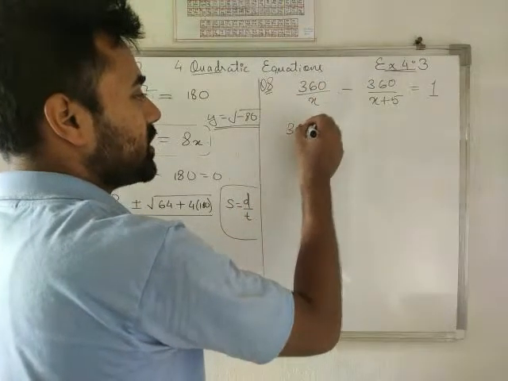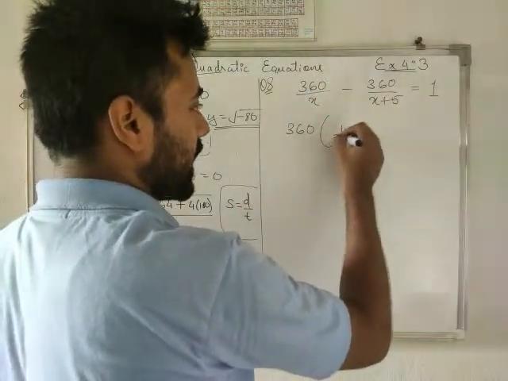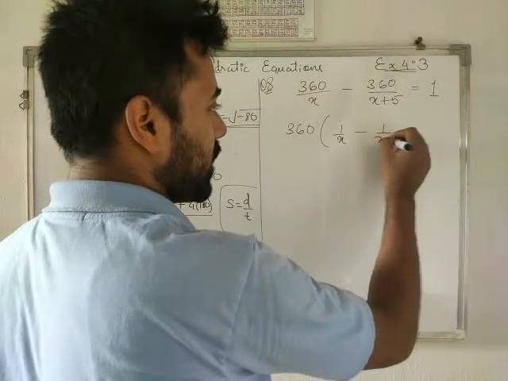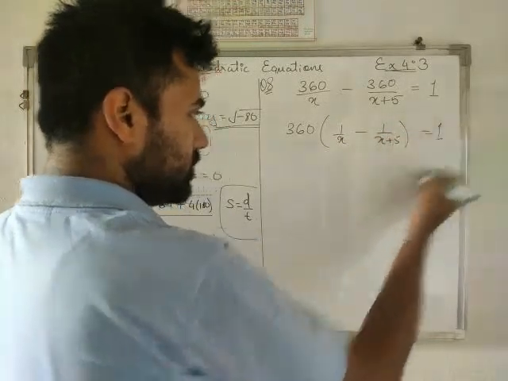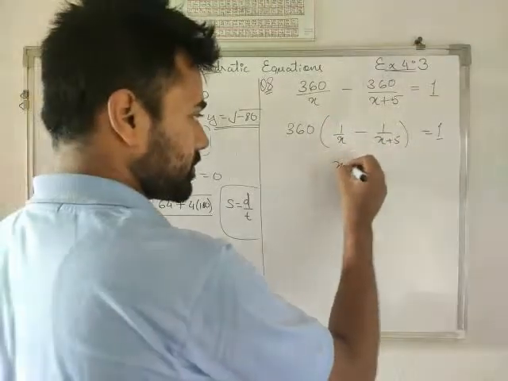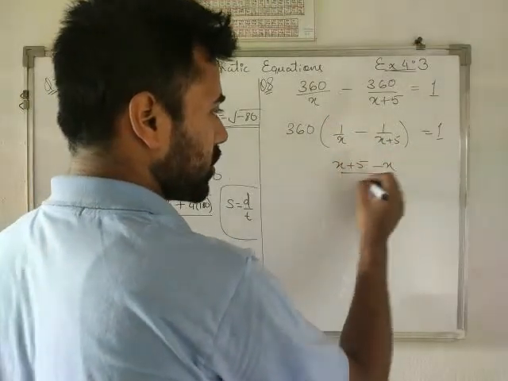Understood? Please comment, students. After that, we have only the calculation part. Please comment if you have any doubt left in this question. Understood or not?